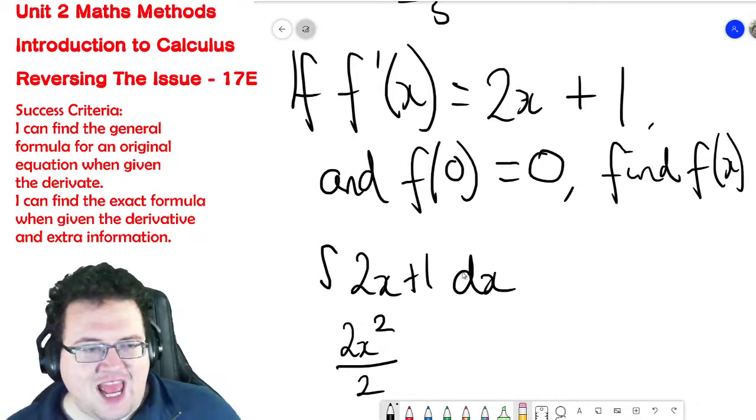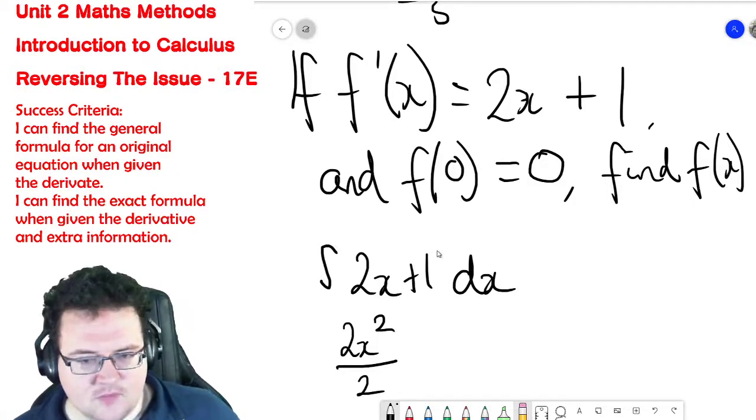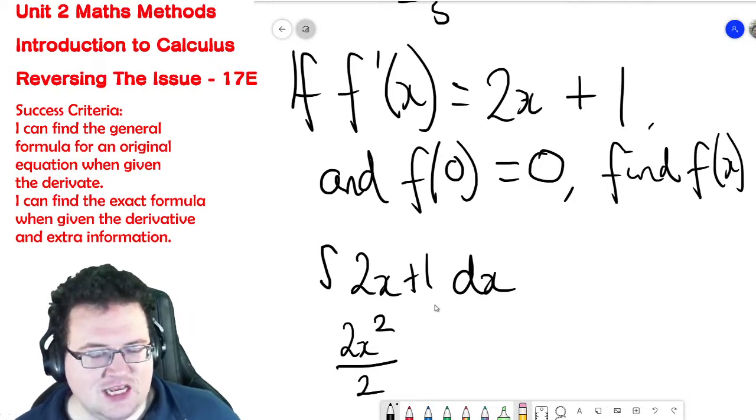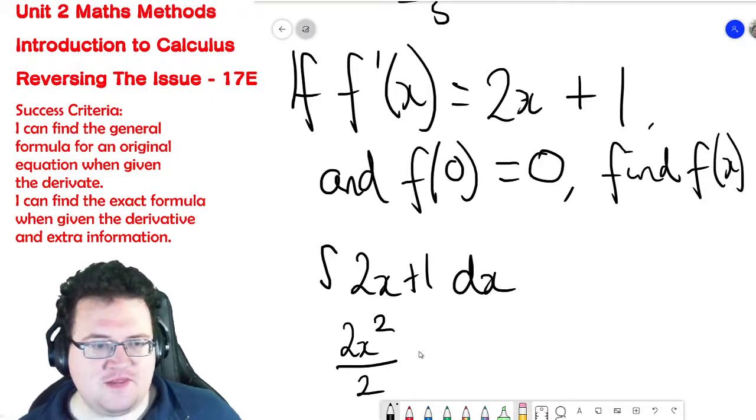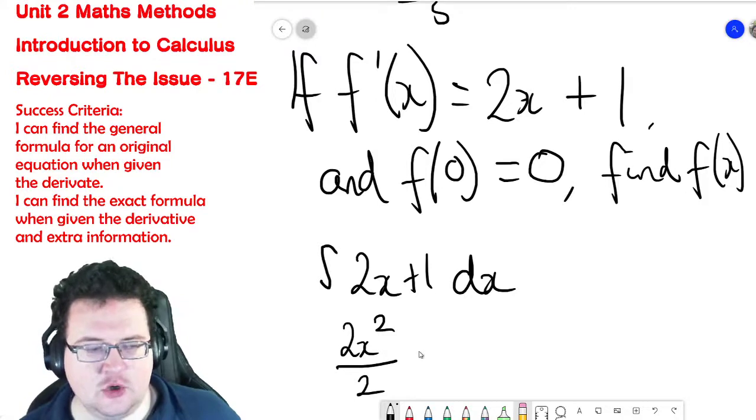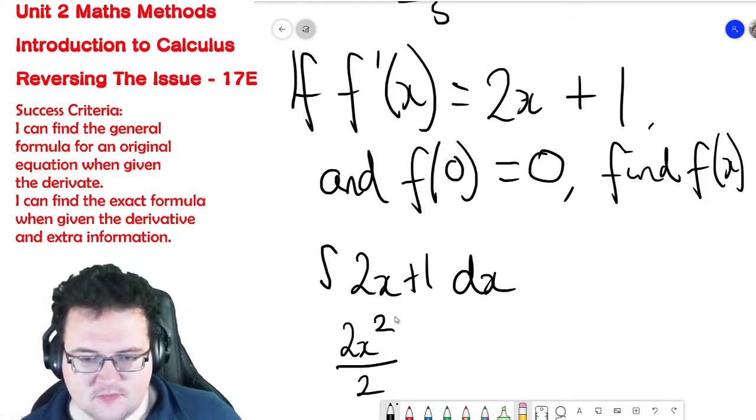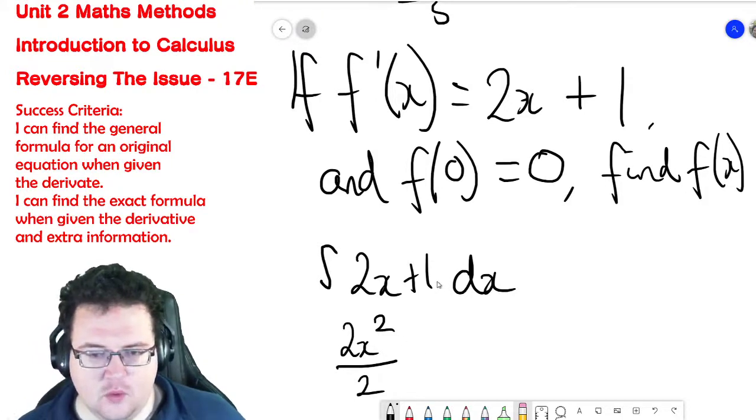Now, whenever you see a constant like this in something that you are anti-differentiating, you have to remember that this is going to create a new x in your original function. So for example, what is the power of x right here? It's x to the 0.